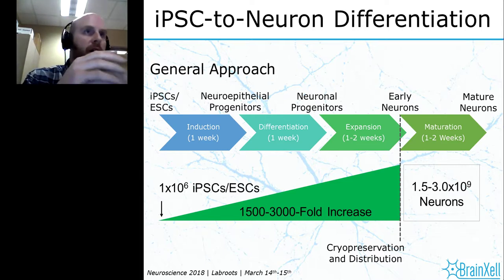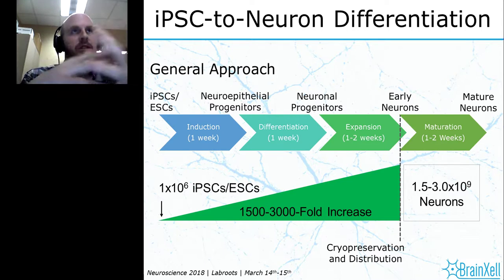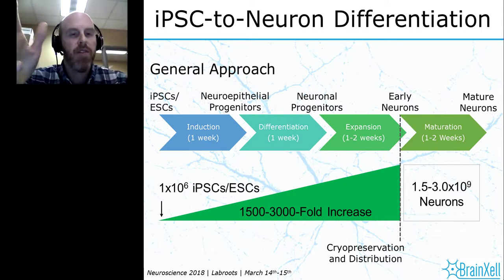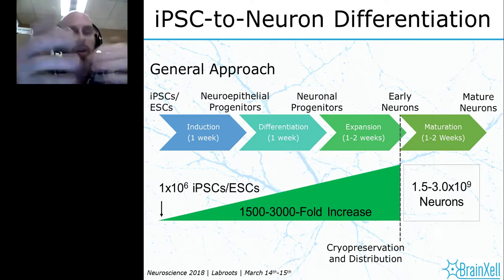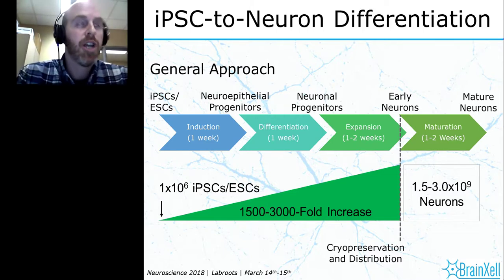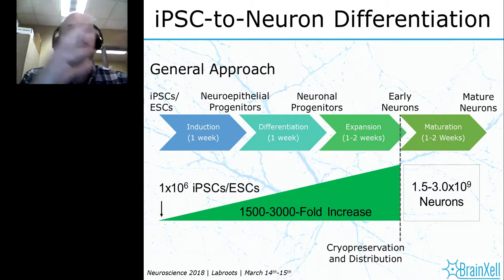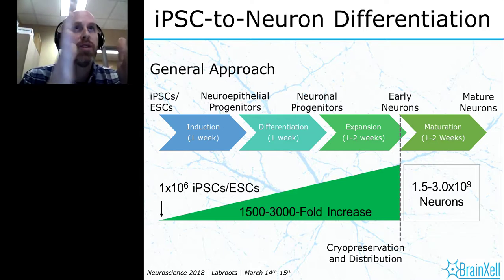So you're using various factors and culture techniques to pattern and drive the cells into more and more specific fates. So we begin what we've labeled here as an induction from the iPSC fate to a neuroepithelial progenitor fate. This is somewhat similar to a neural stem cell fate, basically a neural specific but still high potency cell type.